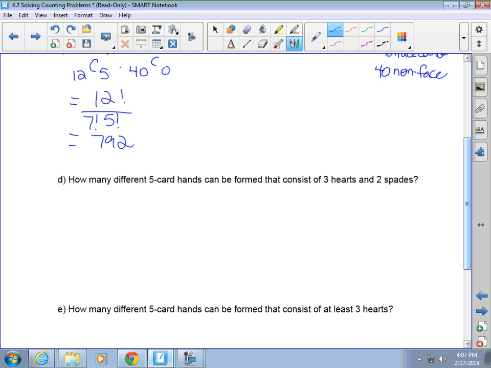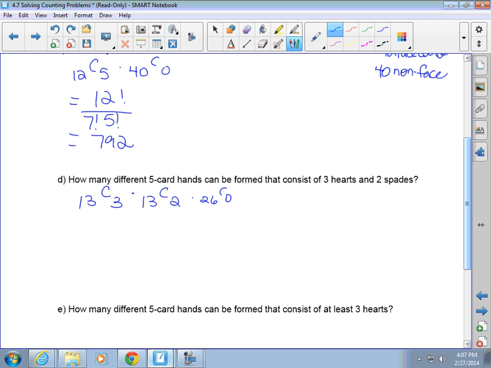How many different 5-card hands can be formed that consist of 3 hearts and 2 spades? So we're getting all 5 of our cards from our hearts and spades. So we have 13 choose 3 for our hearts, times 13 choose 2 from our spades. And you could then include your 26 choose nothing from the other ones. So this is more of an optional.